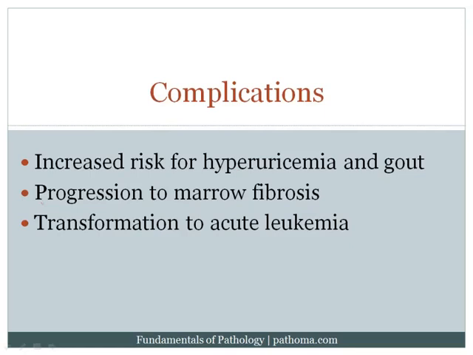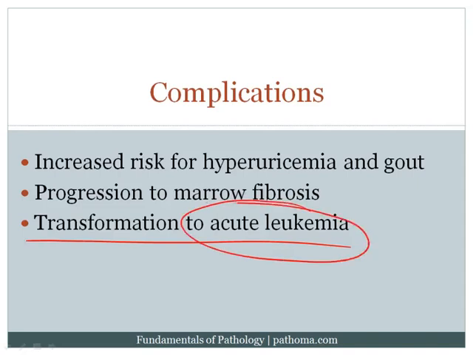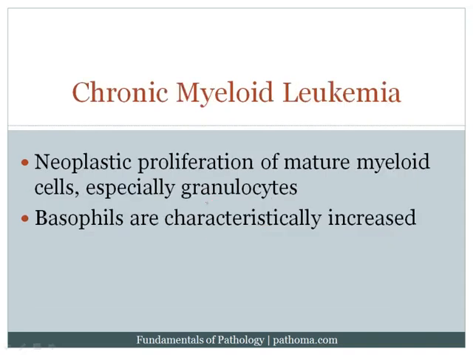Third complication is that many of the myeloproliferative disorders can transform to acute leukemia. You've got mutations in a stem cell that allows the stem cell to develop and produce mature cells. However, if those mutations were to progress, you could easily arrest the stem cell in the blast phase, resulting in an acute leukemia. The first of these is CML, or chronic myeloid leukemia.